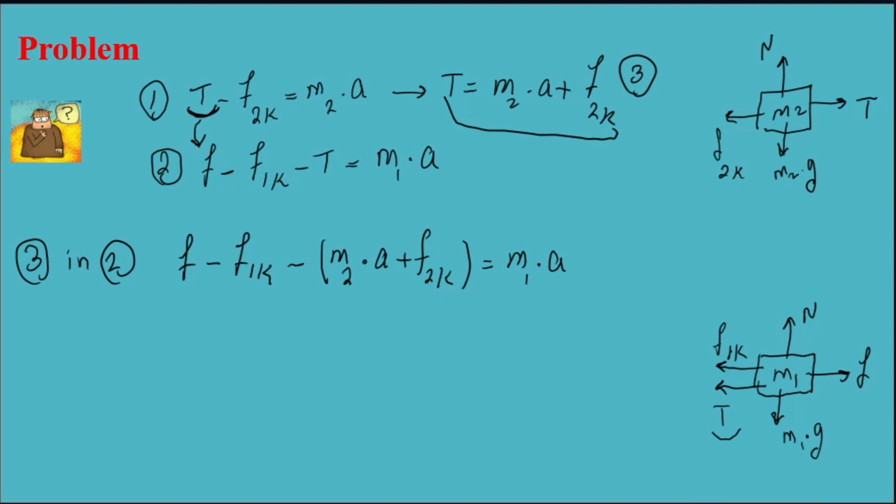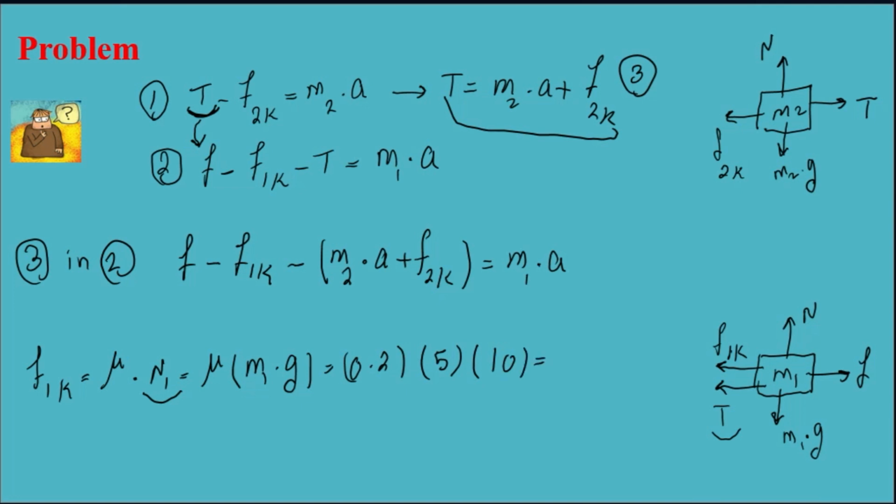Now here I need to find F1K and F2K, which are the friction forces. So my F1K here is going to be mu times N1. That is equal to mu M1 times G, right? I found N1 in the previous slide. So mu is 0.2, M1 is equal to 5, and G is 10, right?